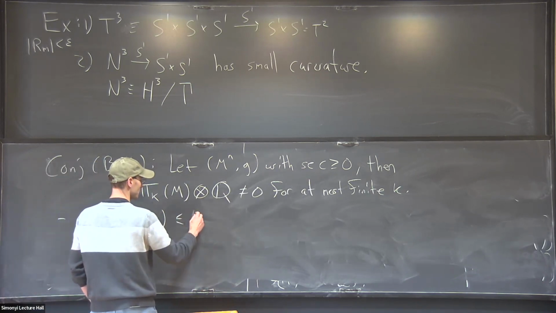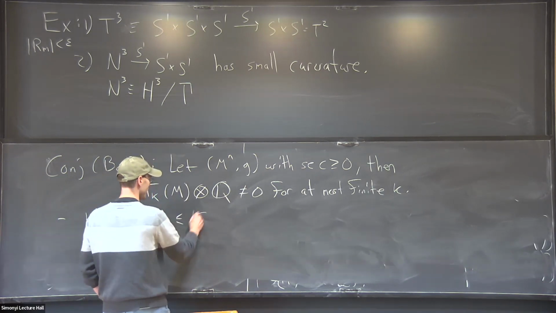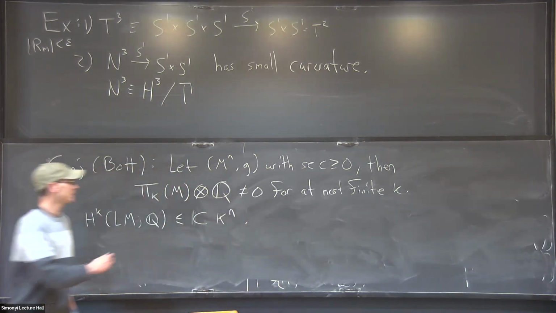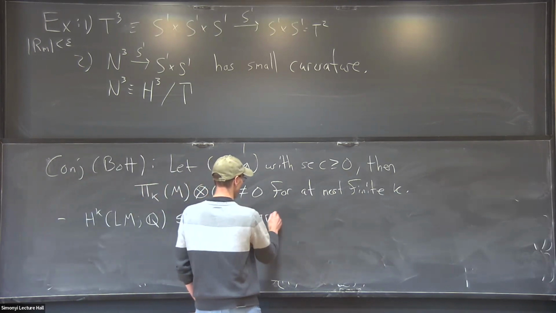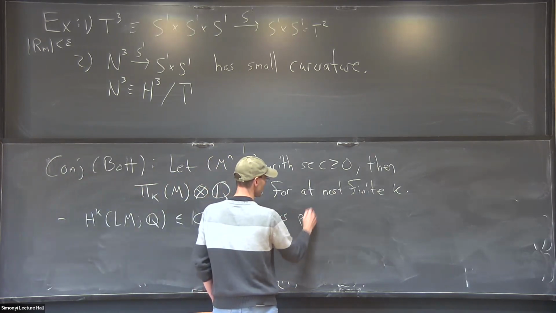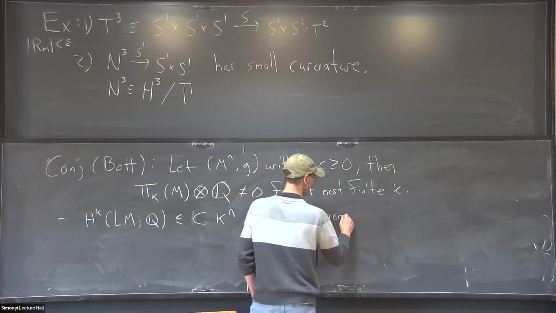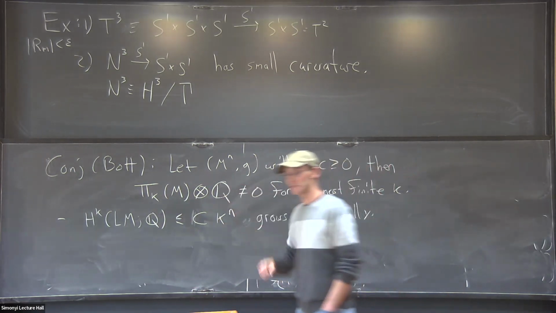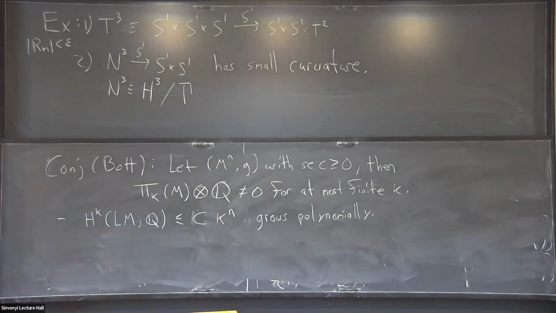And actually, once you know it's polynomial, then it actually has to be at most a power of n. In terms of non-negative sectional curvature, I would call that the holy grail.